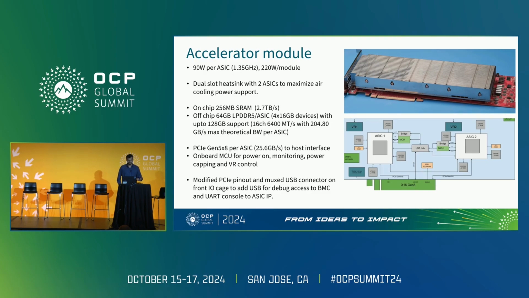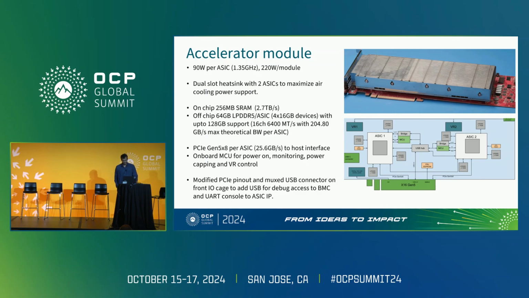That allows us to push the ASIC power higher than having 24 individual thinner PCIe modules. So each ASIC can go up to 90 watts, and each module can draw up to 220 watts. We have a 12-volt high-power connector to support that. So this is more of a power-optimized system.